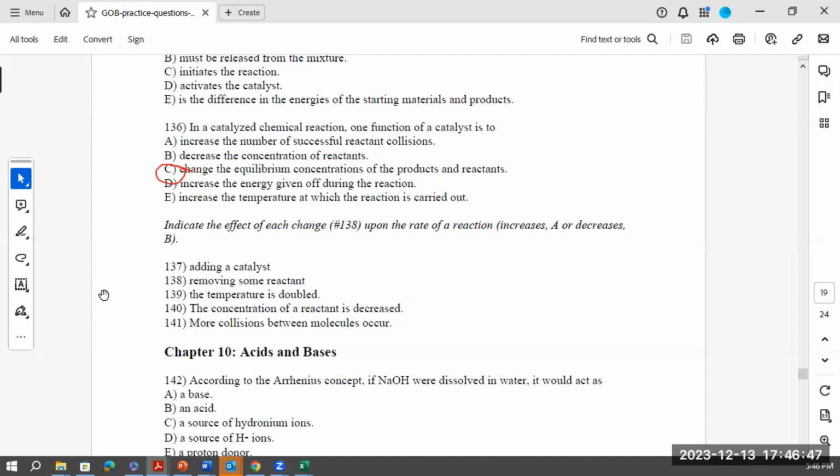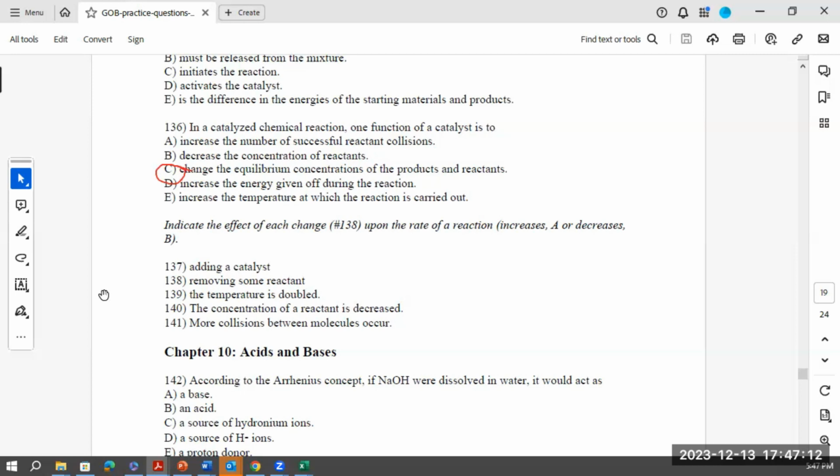It's going to speed everything up. Okay. What about removing some of our reactant? B, right? It's going to decrease. Yes. The temperature, doubling our temperature. That's going to increase. Yep.